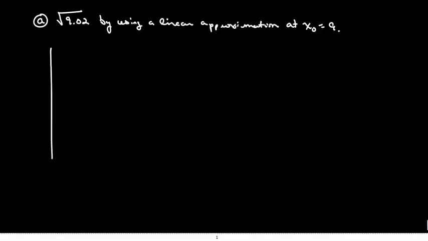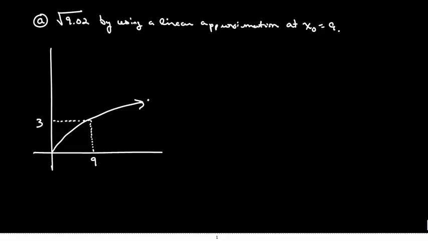We're going to be using the square root function, and it looks something like that. And so here, at a value of 9, the height value is 3, because the square root of 9 is 3.